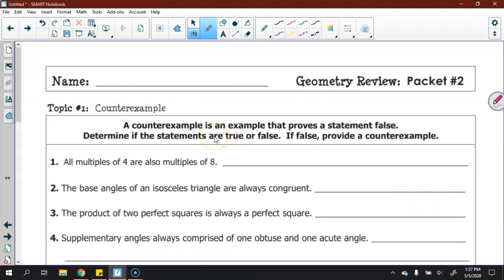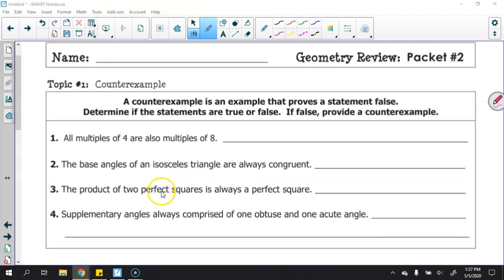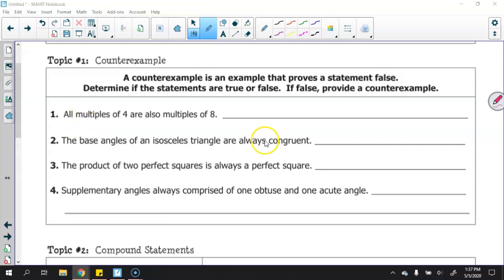All right, so counterexamples are literally just providing a time when this is false. The easiest way I always explain this is when you guys say everybody else gets to do it, all I have to do is find one person who doesn't and be like, I win, you lose. So these are kind of easy peasy, because all I need are a couple examples where it doesn't work.